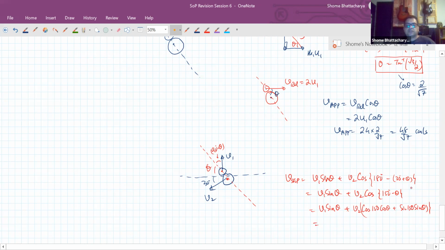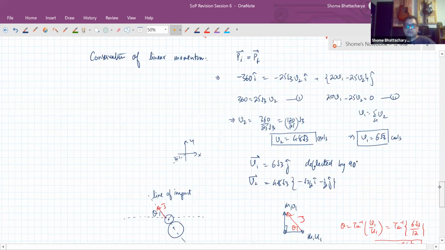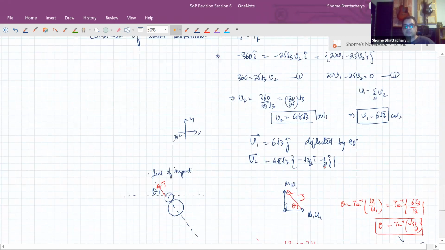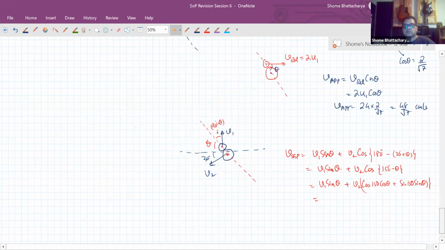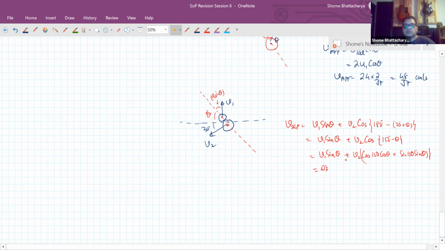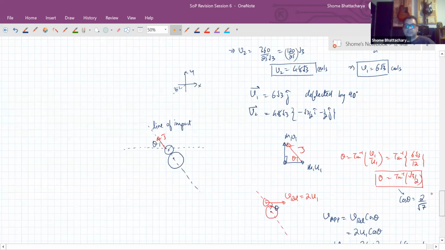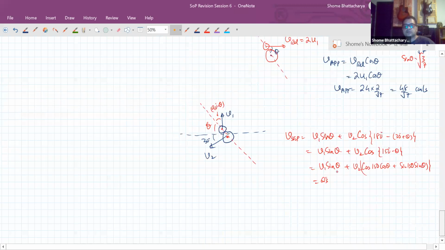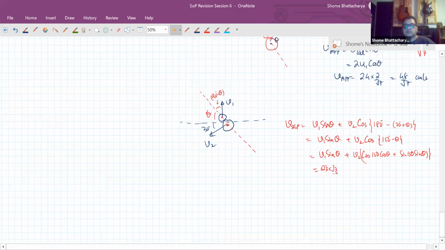So we had seen above that v1 and v2 were these values, 6 root 3 and 4.8 root 3. So 6 root 3 into sine theta. Once again from this we can see that sine theta is root 3 by root 7.